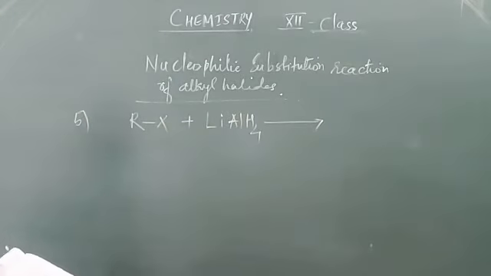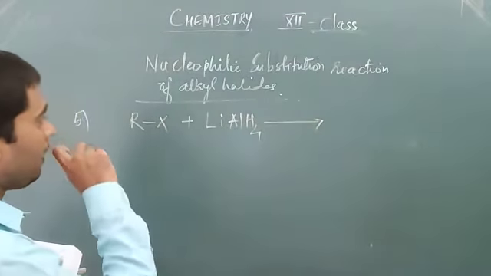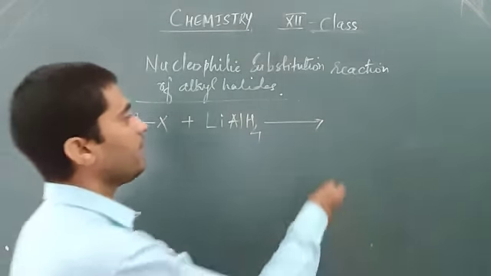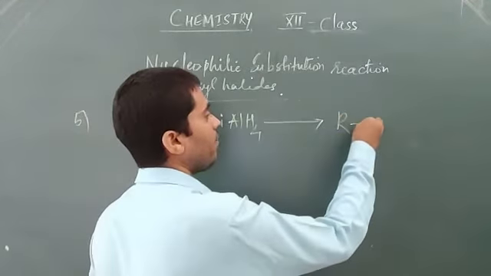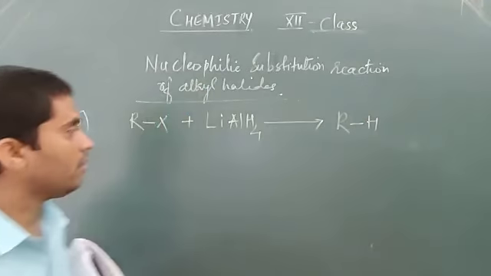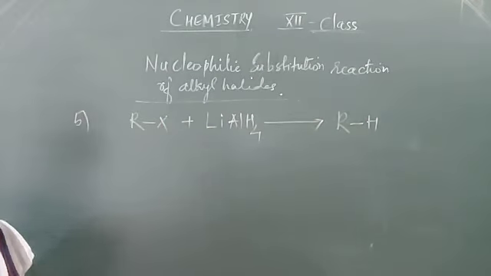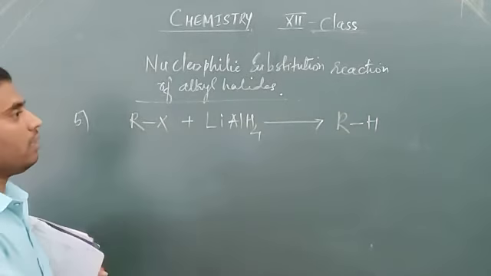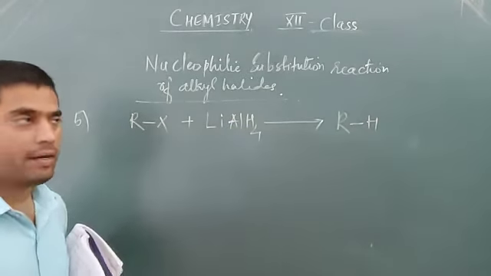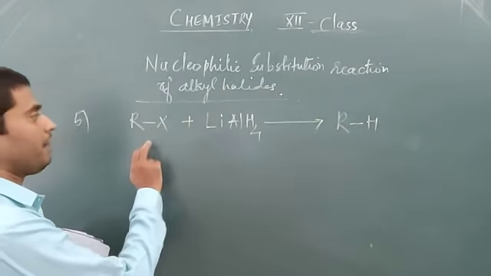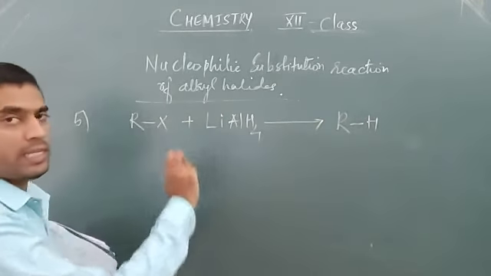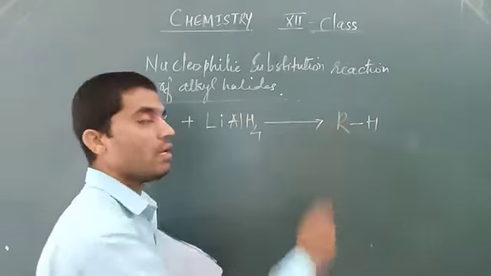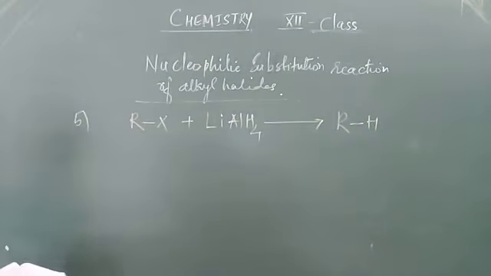Reducing agent will reduce, means it will add hydrogen, and after reduction we have RH. Addition of hydrogen in place of halogen. This reaction is reduction. By reduction of alkyl halide using lithium aluminium hydride we produce alkane, RH.